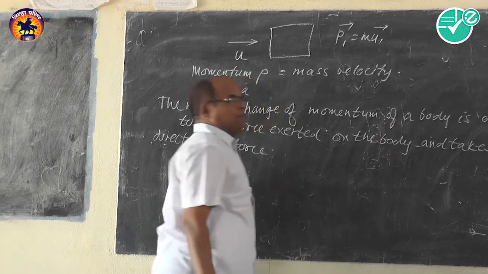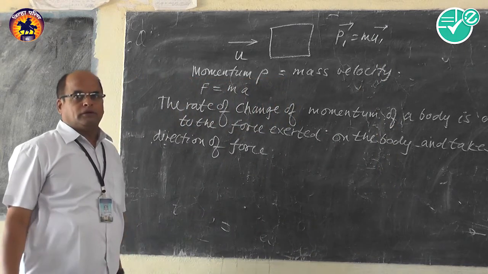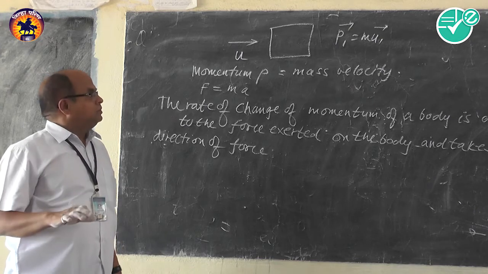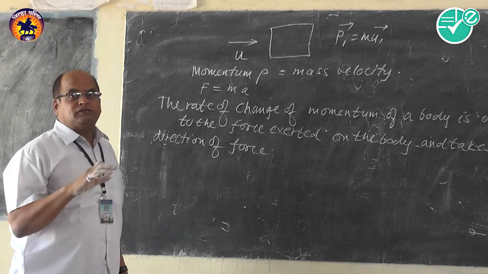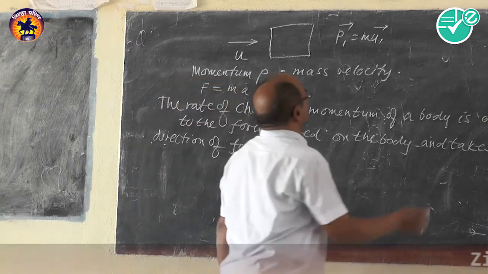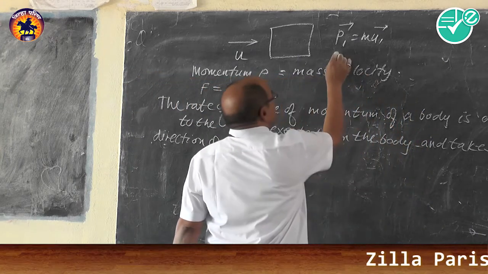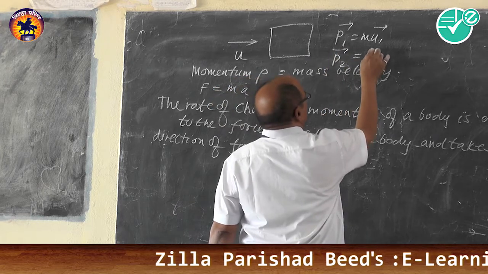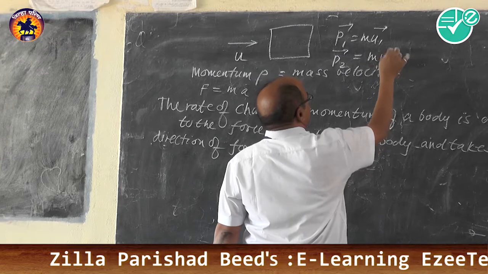This is the initial momentum of the body. The body is given some force due to which its velocity changes to v in time t. Then the final momentum of the body is equal to m v.